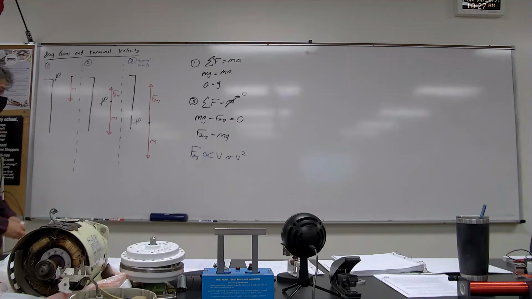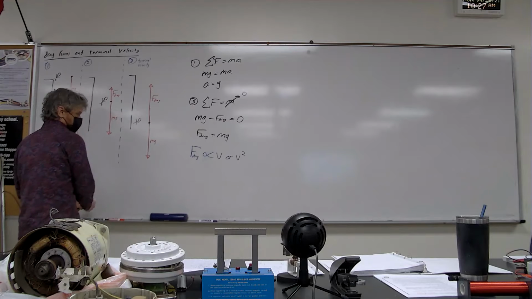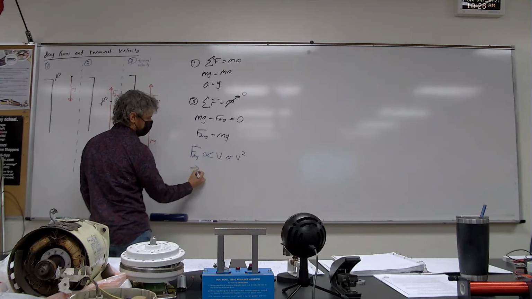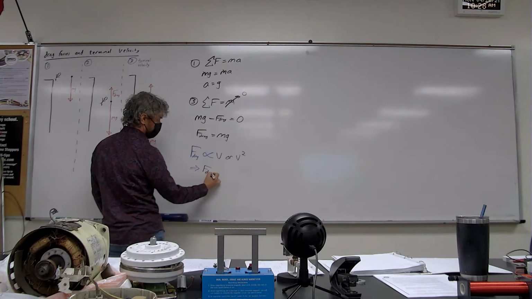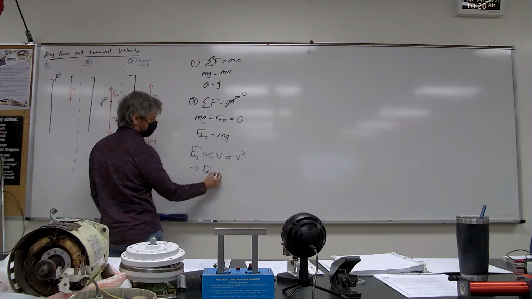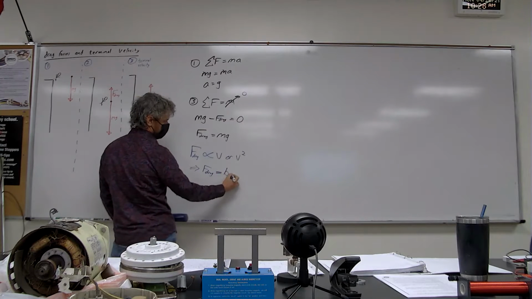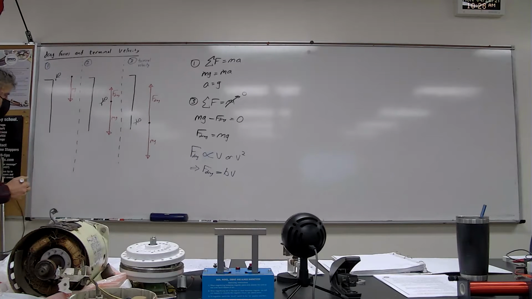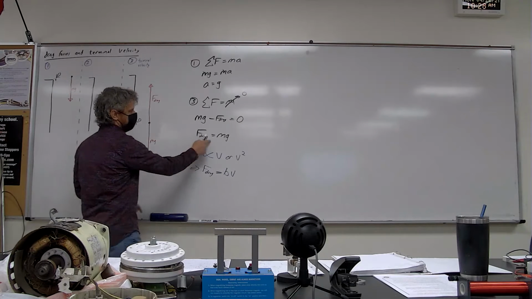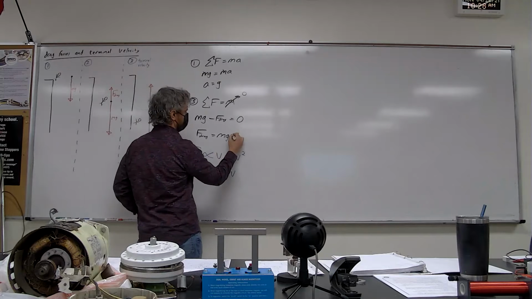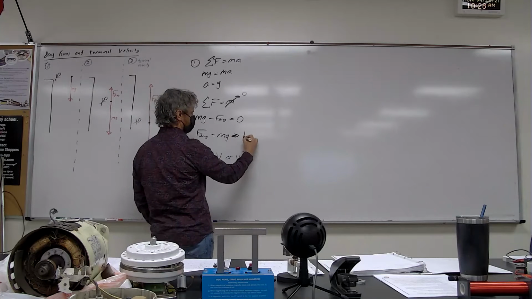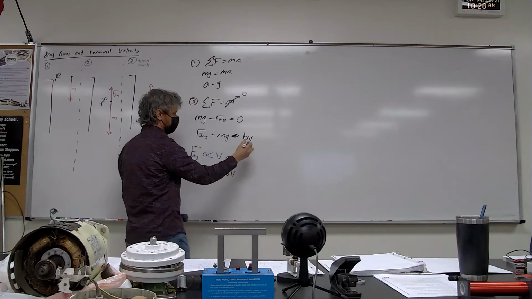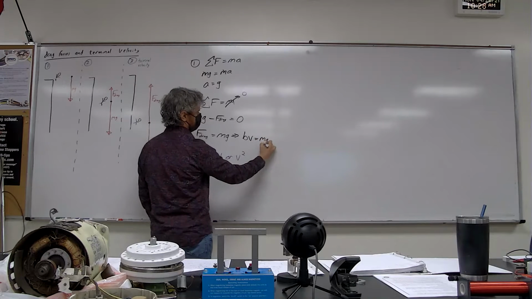Okay. And if that's true, then if it's proportional to the speed, we can just say that the drag force is equal to some proportionality constant times the speed. Right. And if I say that, then I can rewrite this equation as the proportionality constant times the speed equals mg.